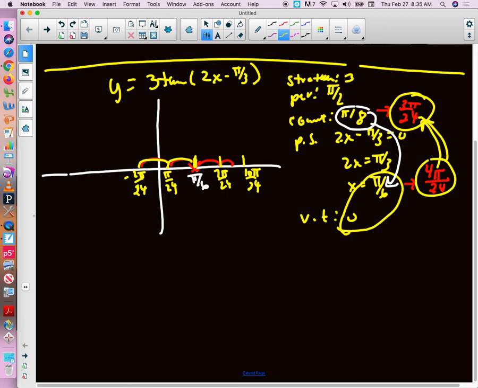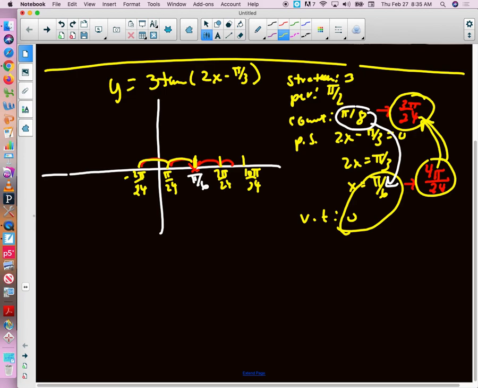I know that some classes do it more in degrees. You could do all of this in degrees, but it wouldn't have a pi over 3 in it. It would have something else, like 2x minus 60 degrees. And you could do it all in degrees, and you would see really easily where your degrees should land.